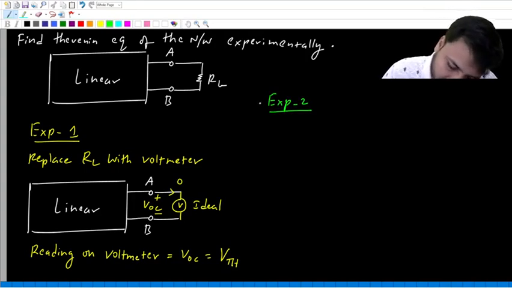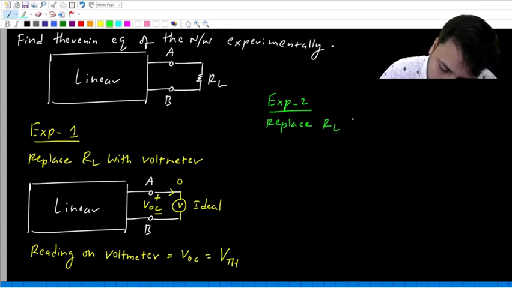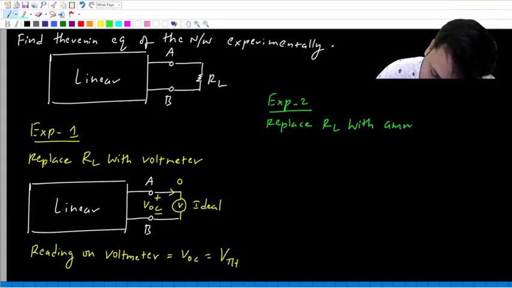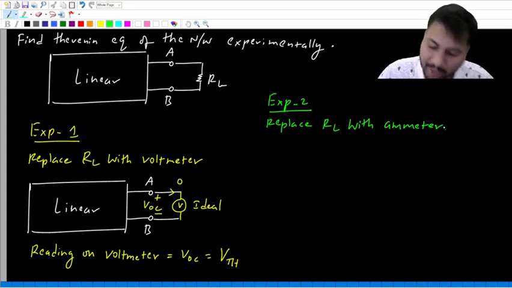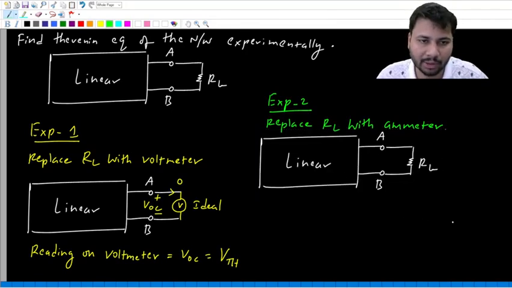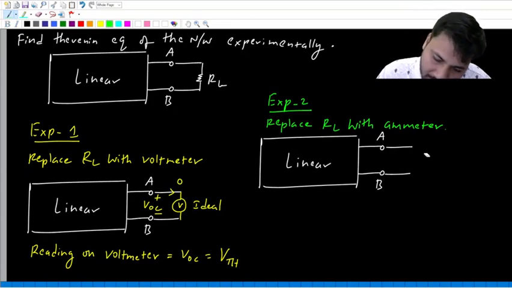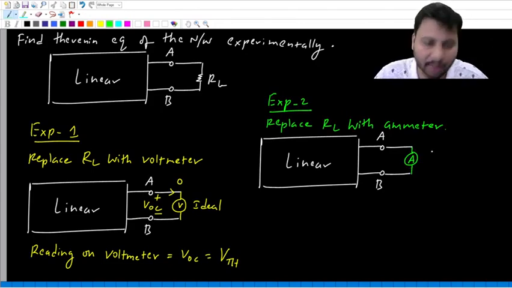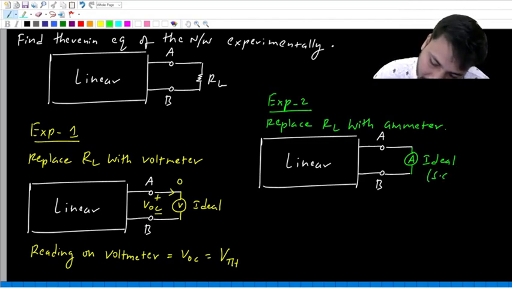In the other experiment, we'll replace RL with an ammeter. Once again we have the original network, and this time I'm going to replace RL with an ammeter. Again, let's say the ammeter is ideal. An ideal ammeter will behave like a short circuit.